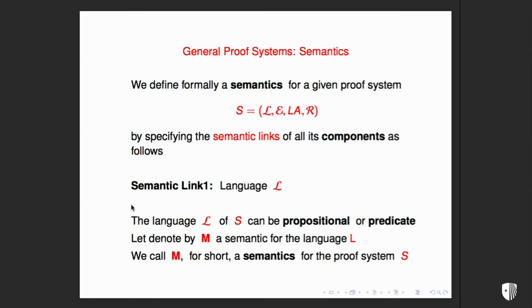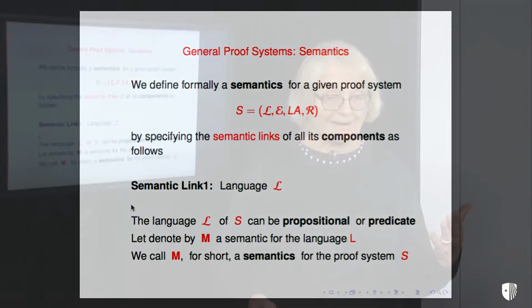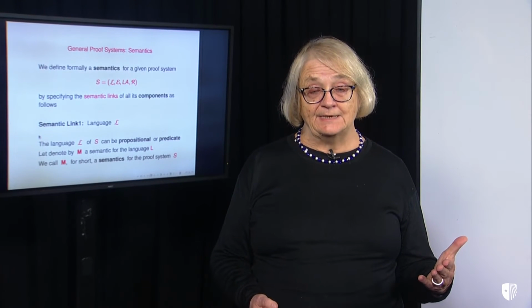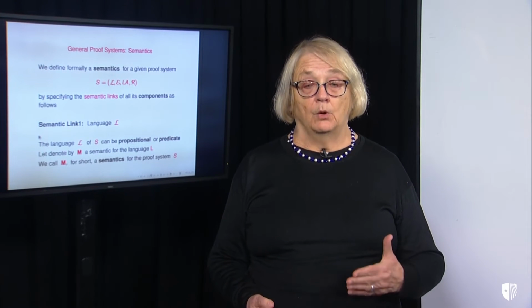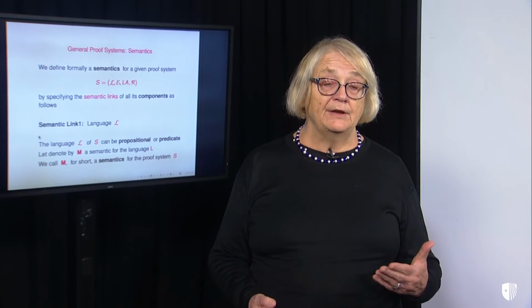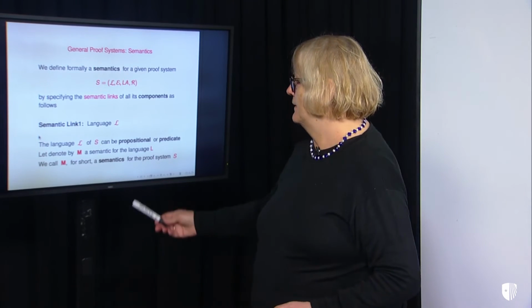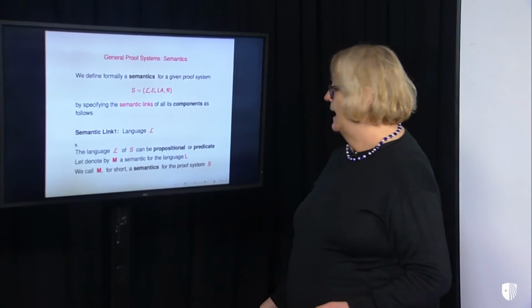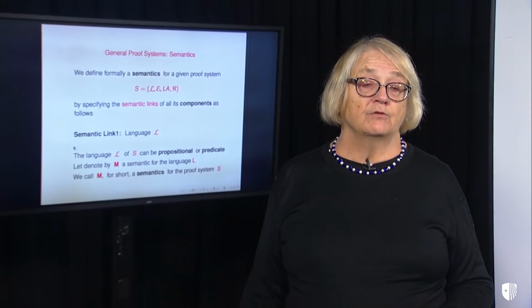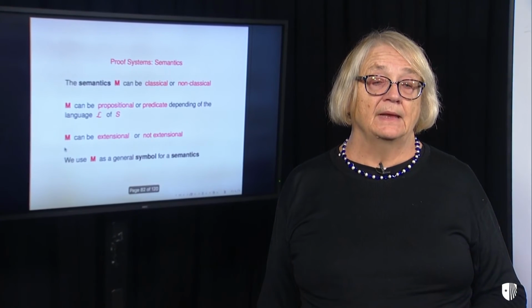Now we define formally the semantics for a given proof system by specifying the semantic links to all its components as follows. First semantic link: language. The language of the system can be propositional or predicate, and we denote by M a semantics for the language L. This is our standard notation, and we call M, for short, the semantics for the proof system.